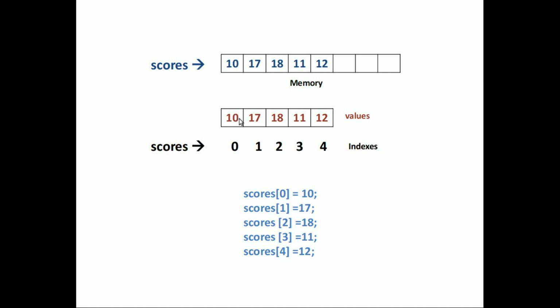Now, array indexes, the different positions where you can fit these numbers in the array, are what we refer to as indexes. The different array indexes can be used to access the different values. And array indexes always start from 0 to 1 less than the length of the array.